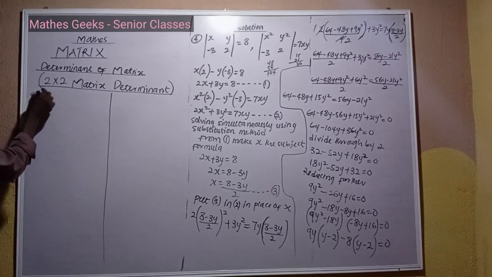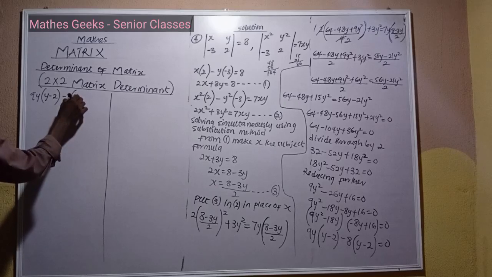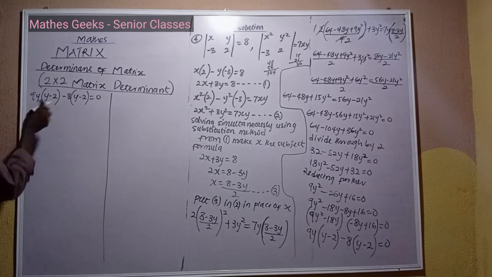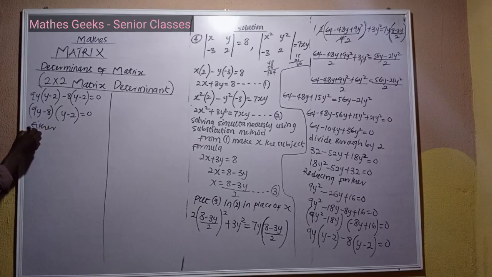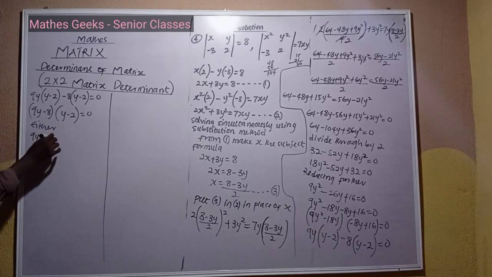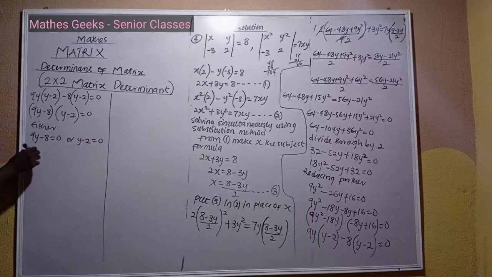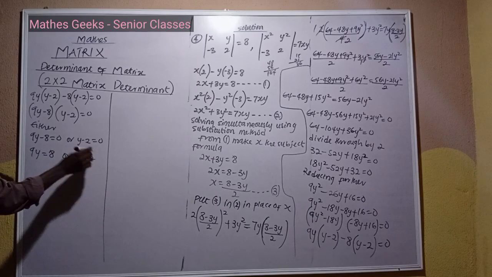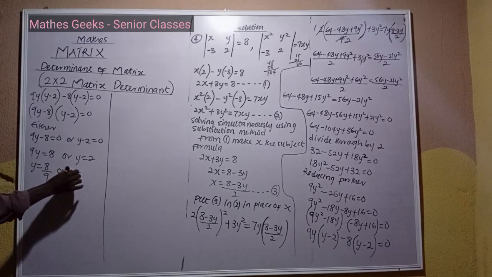So we have 9y minus 8 and y minus 2 is equals to 0. So either 9y minus 8 is equals to 0 or y minus 2 is equals to 0. 9y is equals to 8 or y is equals to 2. So y is equals to 8 over 9 or y is equals to 2.